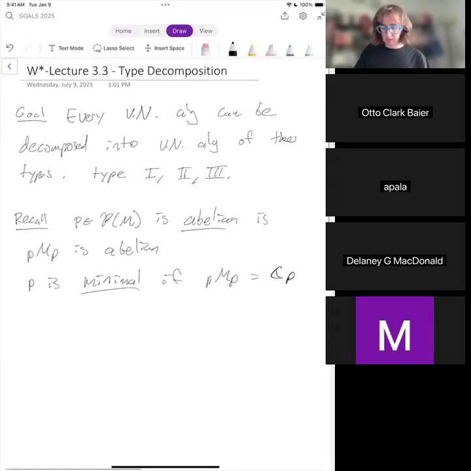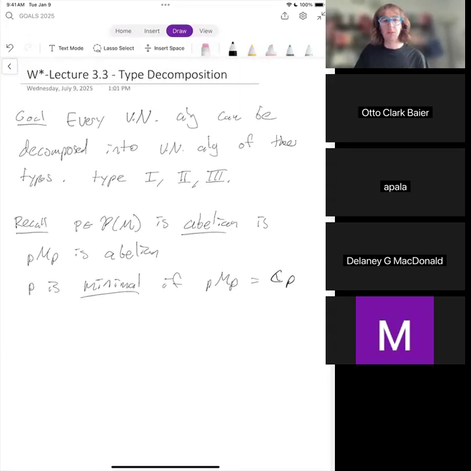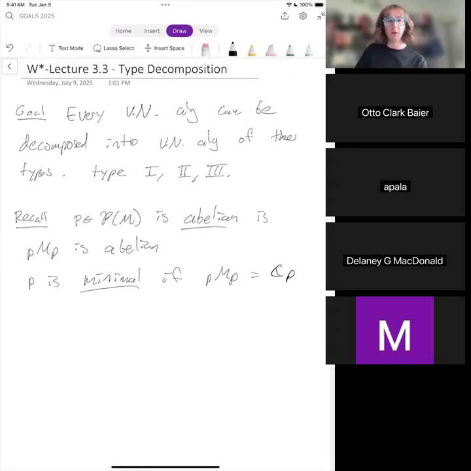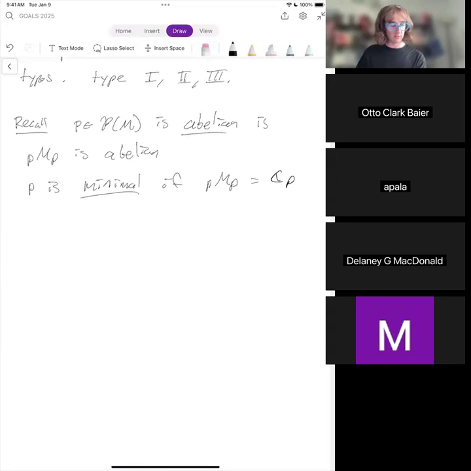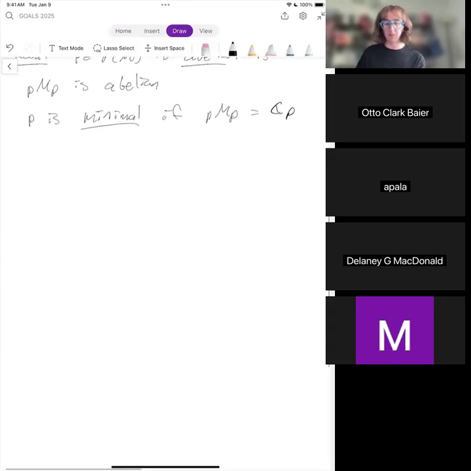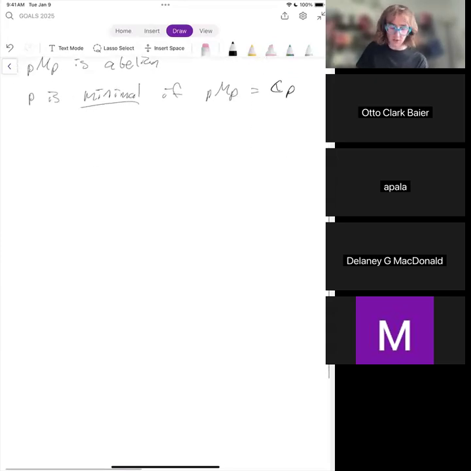And so how we do this type decomposition is you classify von Neumann algebras by the types of projections they have. The first step is defining the types of projections possible, and then we'll talk about when they show up. So now, definition 4.3.1.